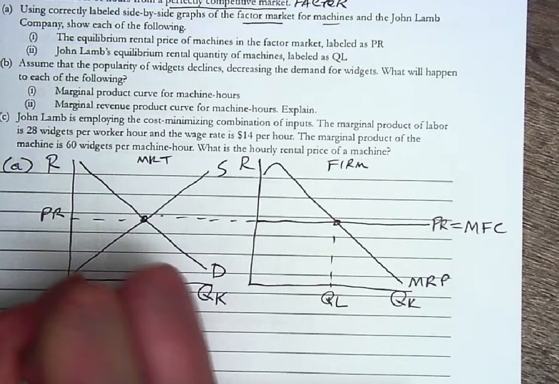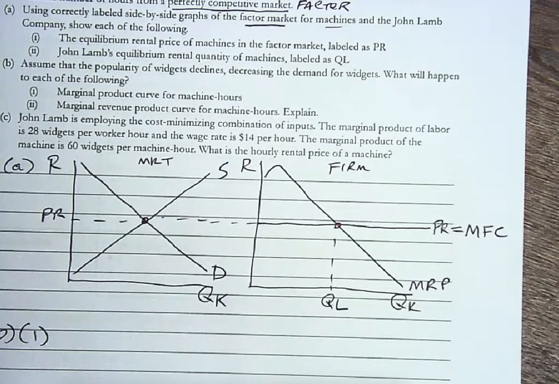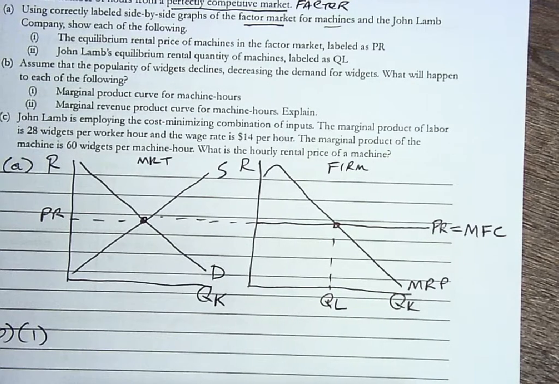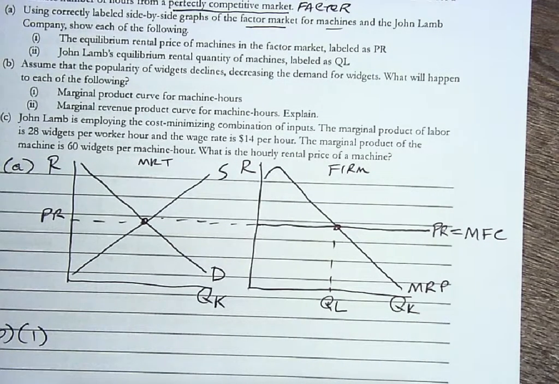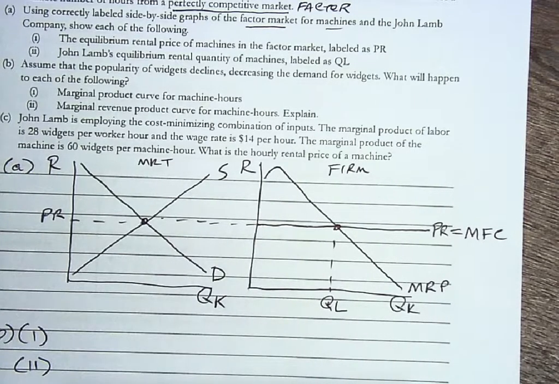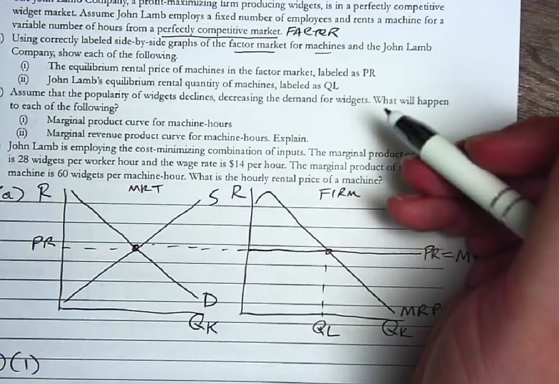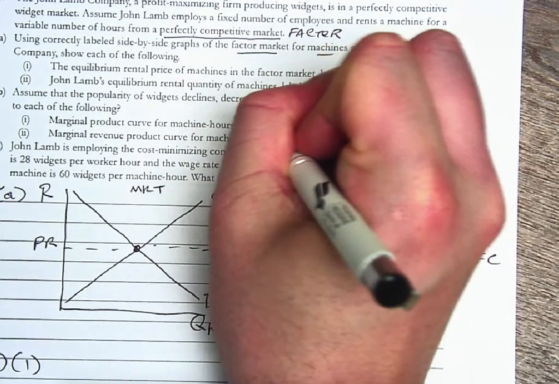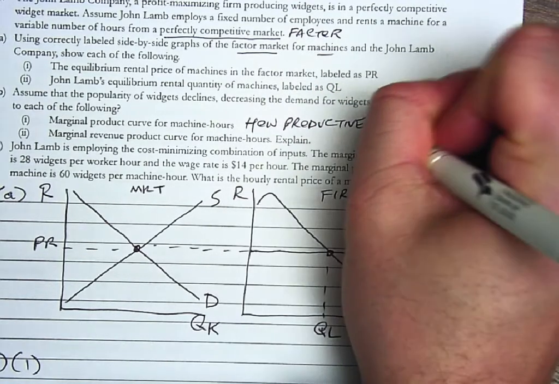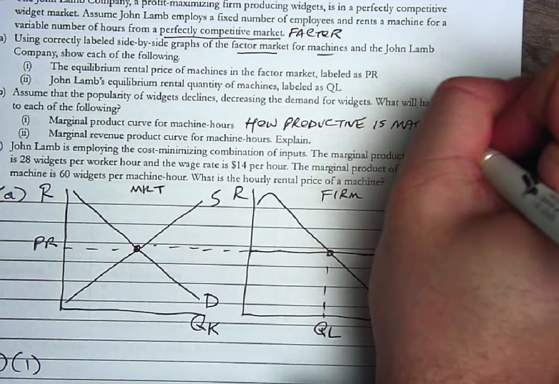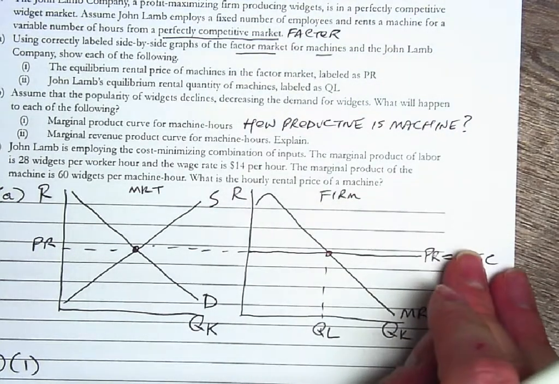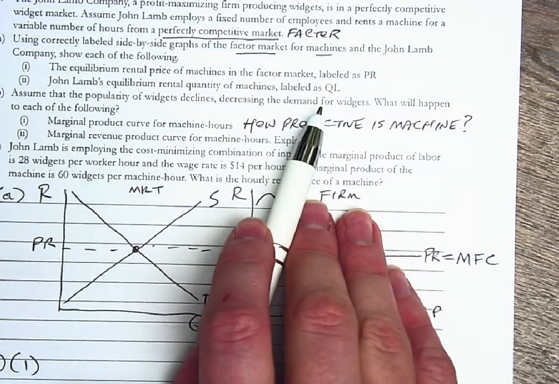Part B. B1, assume that the popularity of widgets declines, decreasing the demand. What will happen to each of the following? Marginal product curve for hours of the machine and marginal revenue product for machine hours. For B1, the marginal product is really saying how productive is the machine? The answer to that question is not going to change if the demand for widgets changes.